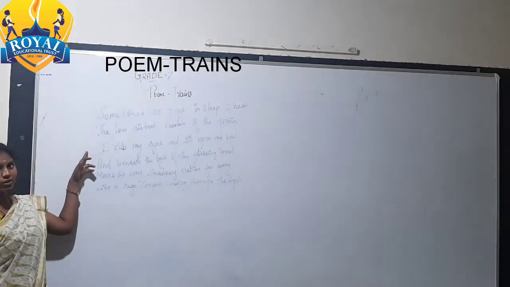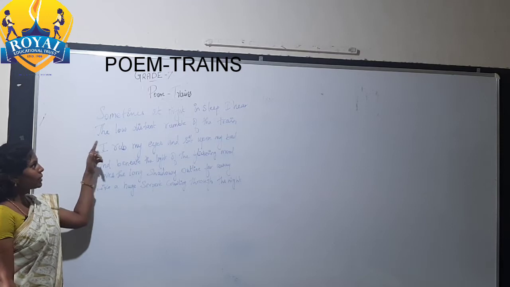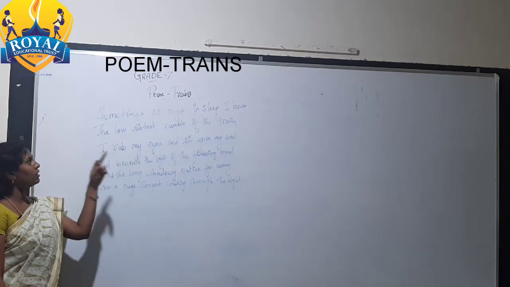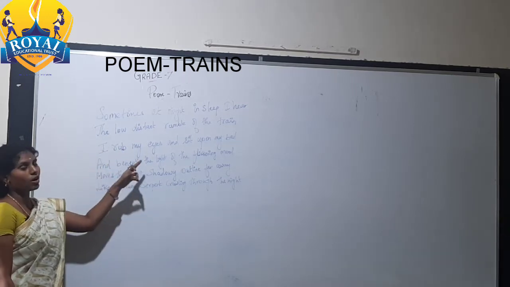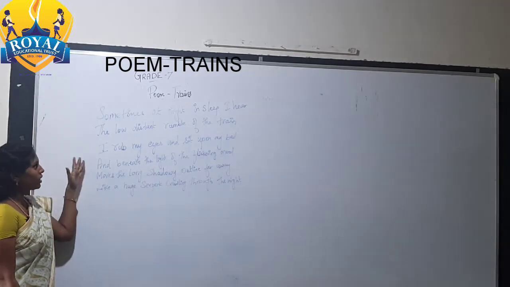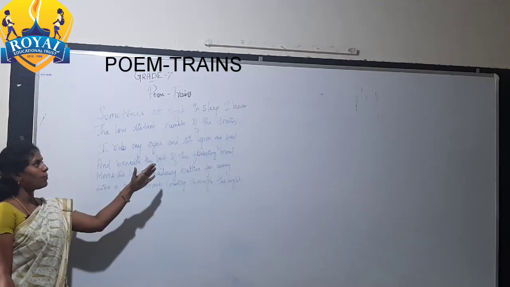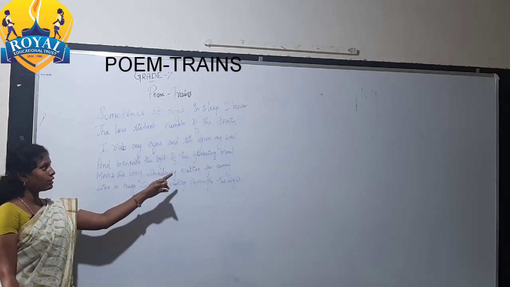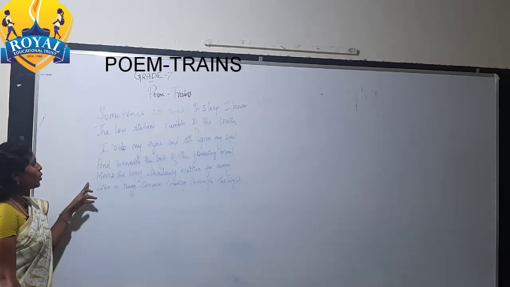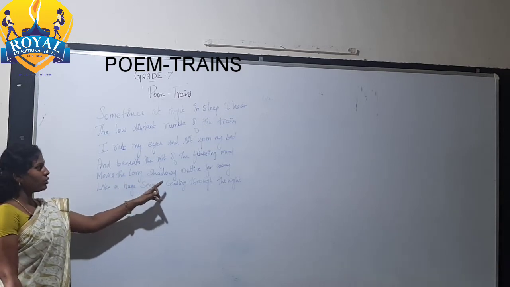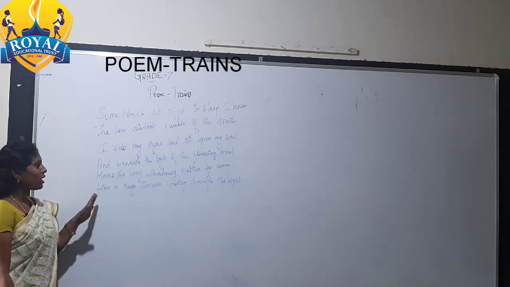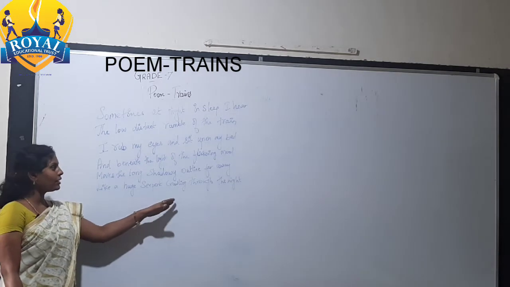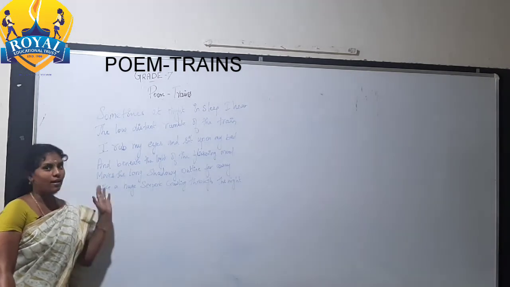So I can read this, listen. Sometimes at night in sleep I hear the low distant rumble of the train. So I rub my eyes and sit upon my bed, and beneath the light of the flickering moon moves the long shadowy outline far away like a huge serpent crawling through the night.